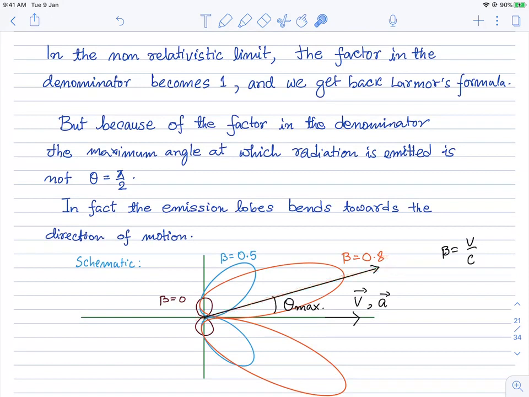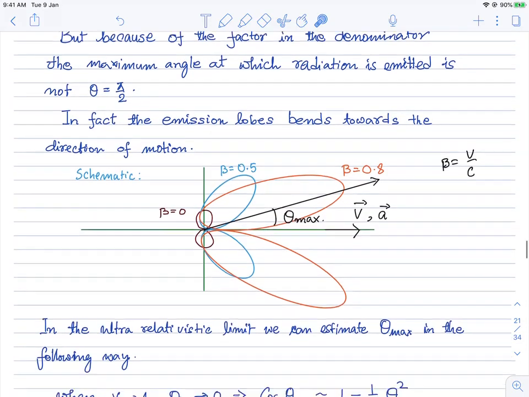This is a very important physical point. It's not only the direction of maximum power emission that changes, but also the magnitude of power that is emitted also depends on the velocity. If velocity is 0, then the magnitude is something smaller compared to if the velocity is relativistic.